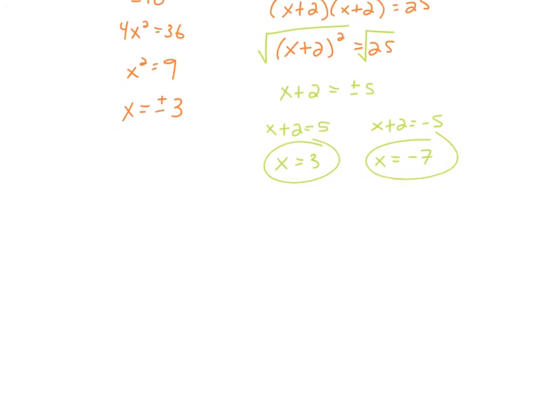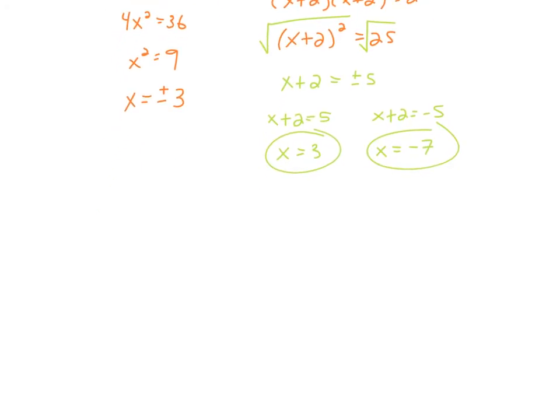We can also make any trinomial a perfect square. Let's say we have x squared minus 12x, and I want to know what I need to add to be able to factor this as a perfect square. The way we find this is we take our b value, in this case negative 12, divide it by 2, and then square it.